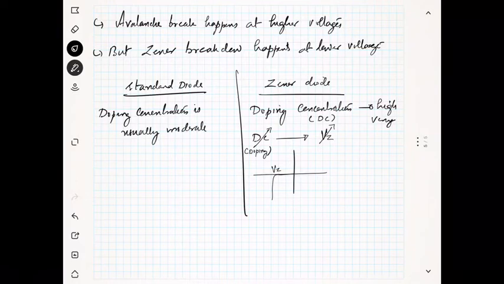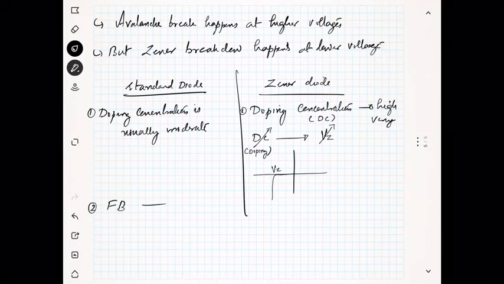Now the main point: the standard diode usually works in forward bias. In forward bias, for a silicon diode you will get 0.7 as the voltage.